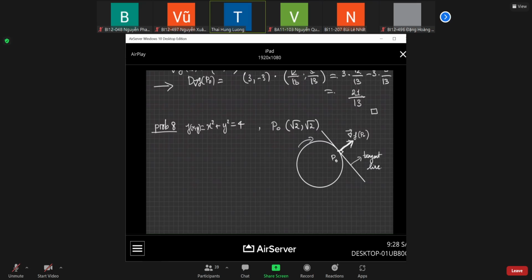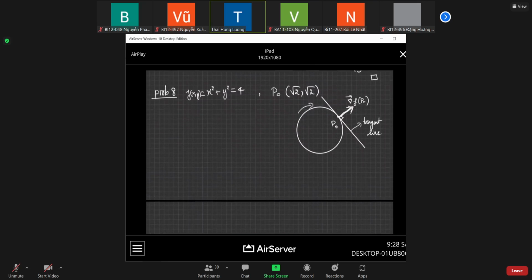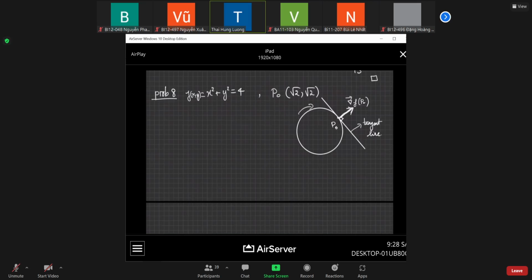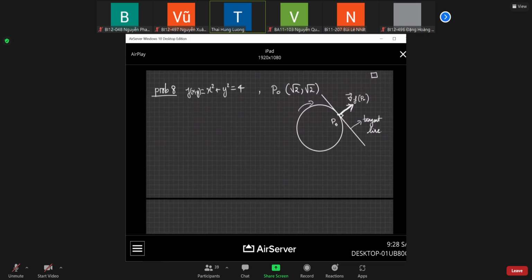Of course, if you remember the formula in your lecture notes, you can immediately write out the equation of the tangent line. But now I will show you in more detail how to write out the equation. Anyway, the first step, we need to find the gradient vector at P0.